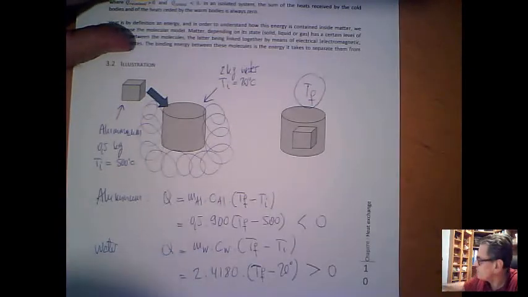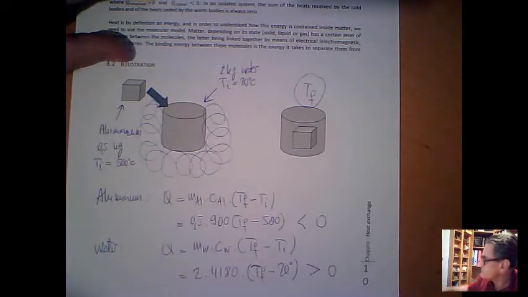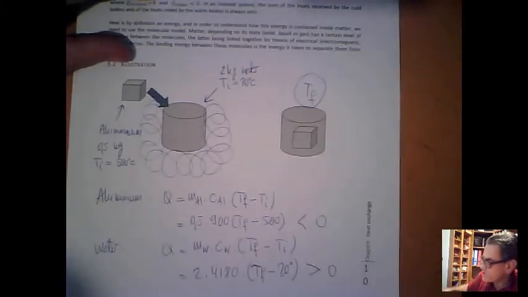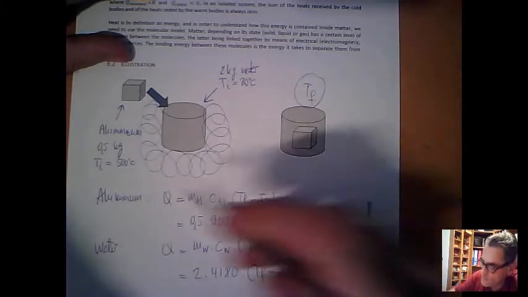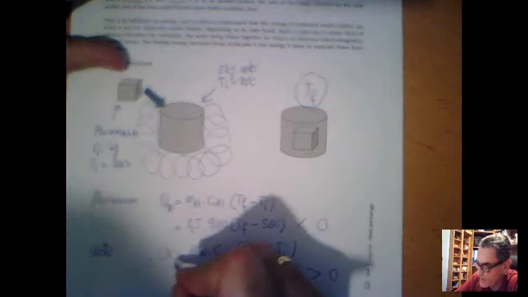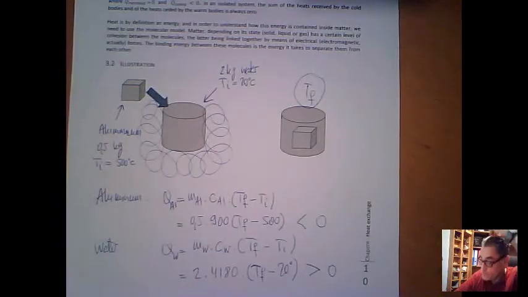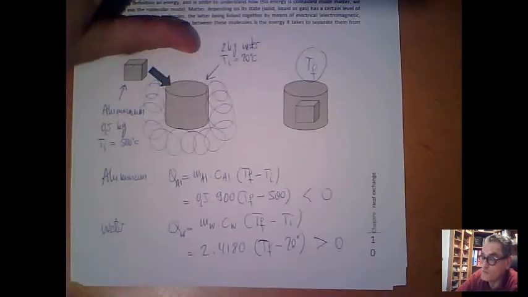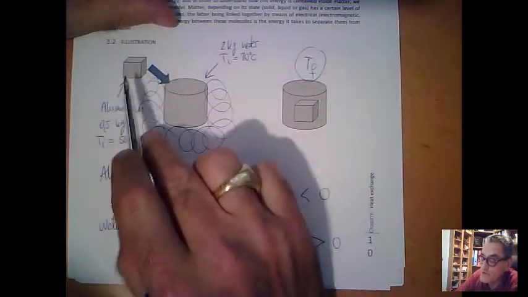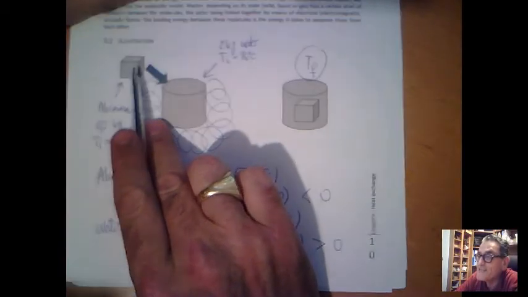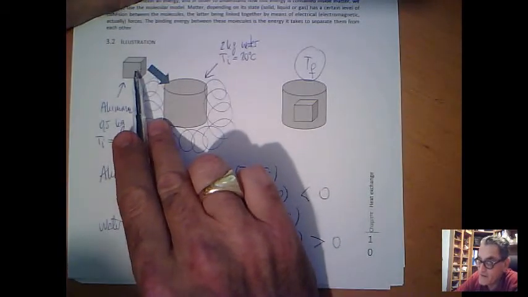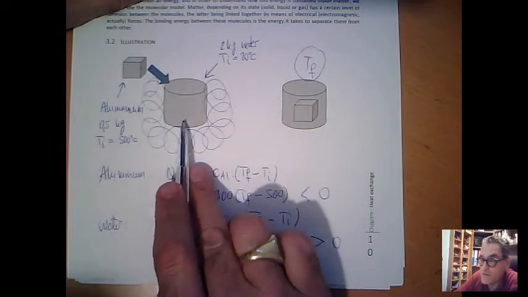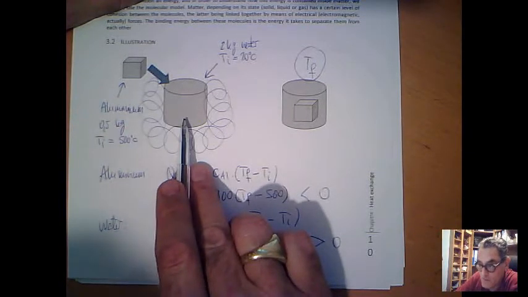But these quantities here, this Q and this Q, I will call this one Q aluminium, and this one Q water. These two quantities should actually be equal to each other, okay? Because all the energy which is given by the aluminium is going to be taken by the water, right?